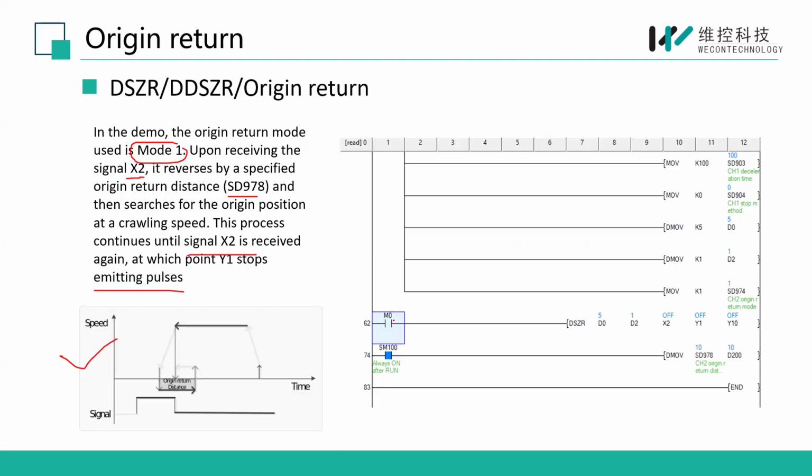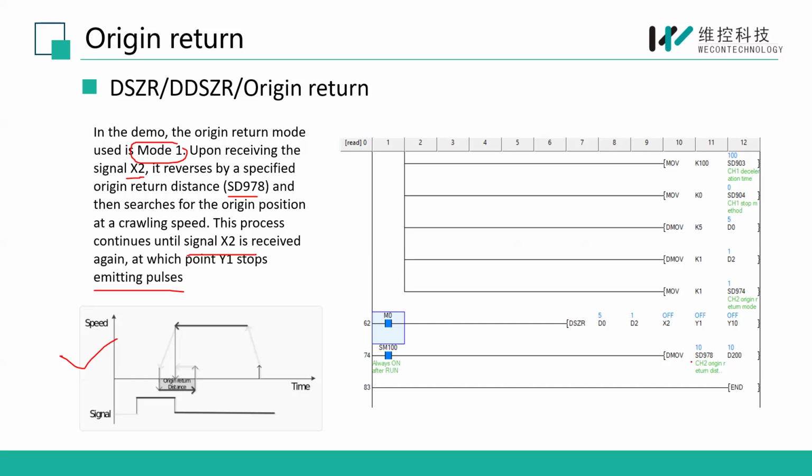Okay, when the instruction is triggered and is on, the servo is running at 5 Hz, and then X2 is triggered. It runs at the creep speed.